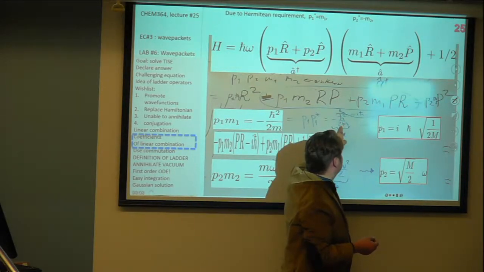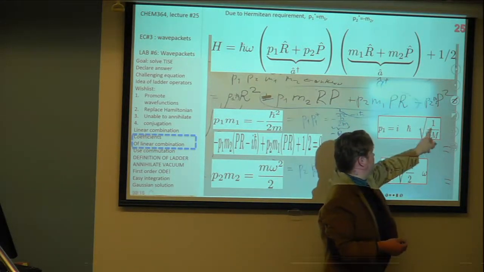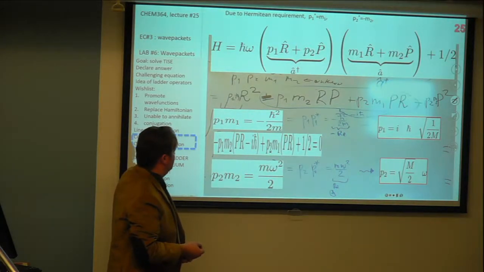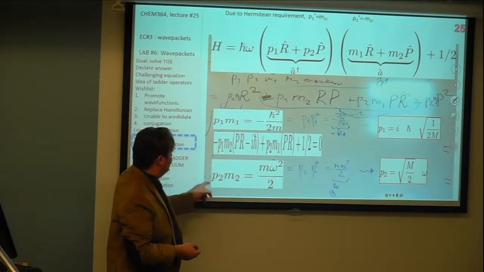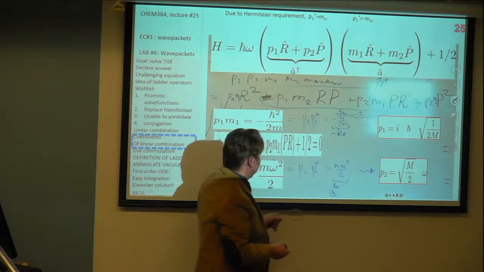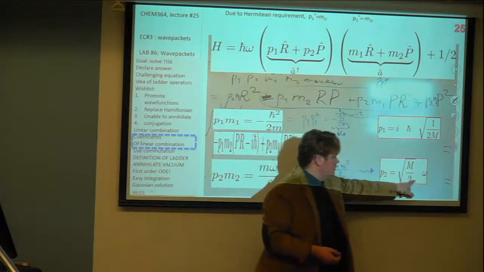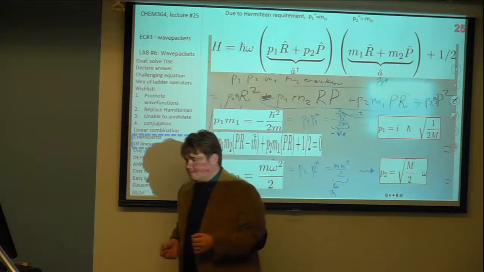If you're looking for the coefficient that will pop up in front of the quadratic term, it will be m omega squared over 2. We need to take the square root of it.